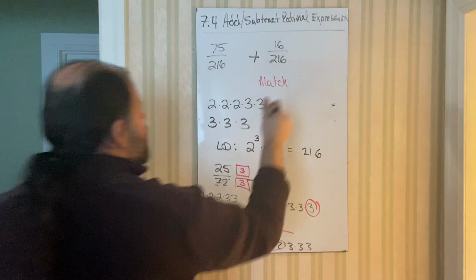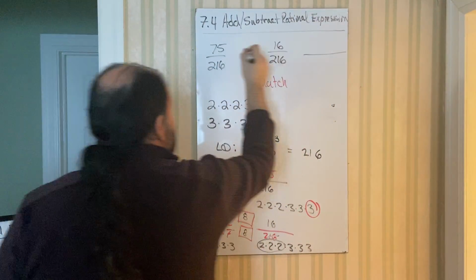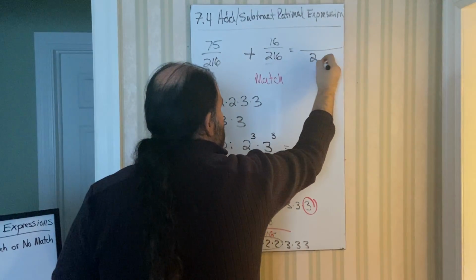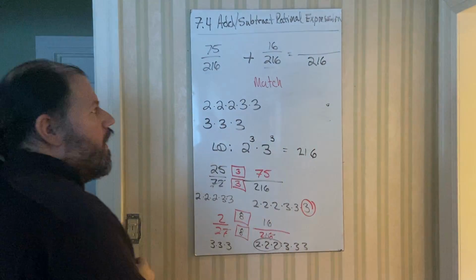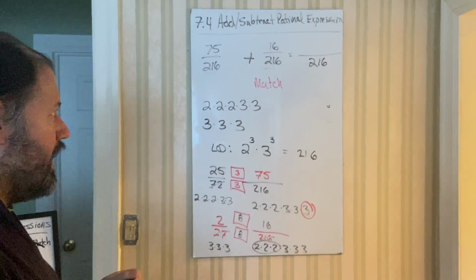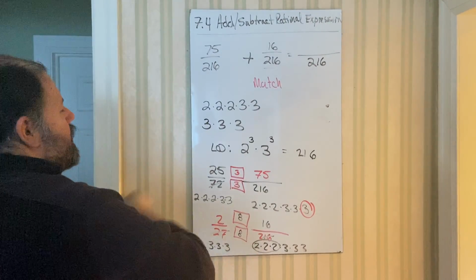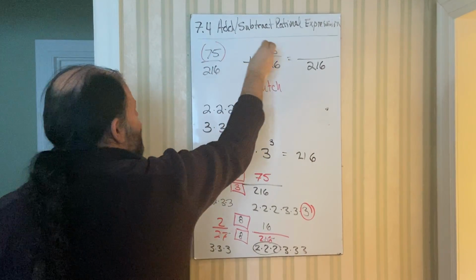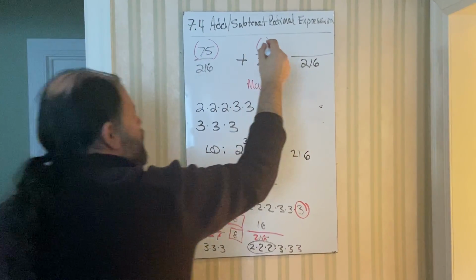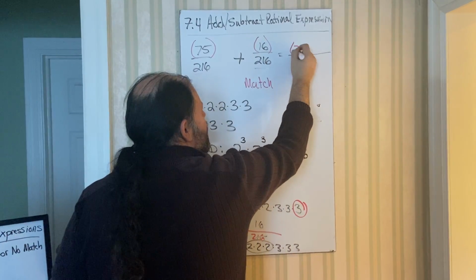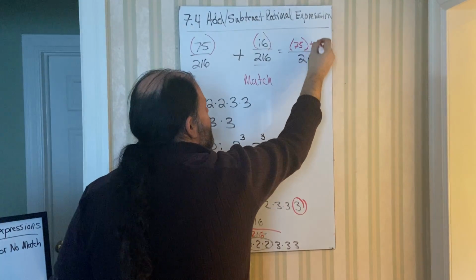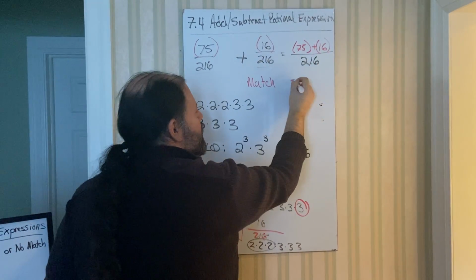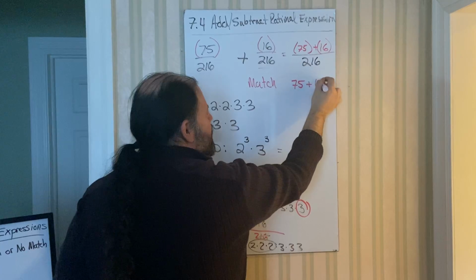So I know that 216 would stay 216. All I need to do is add the tops. Now, luckily this is a plus sign. We don't have to do parentheses, but if you want to, remember parentheses 75 plus 16, and if you distribute, you'll still get 75 plus 16.